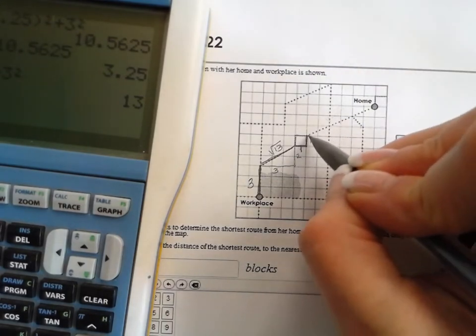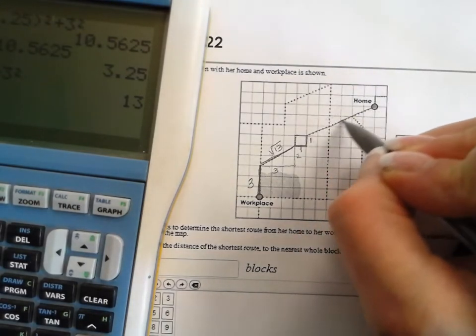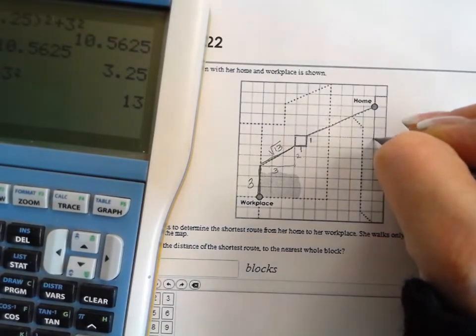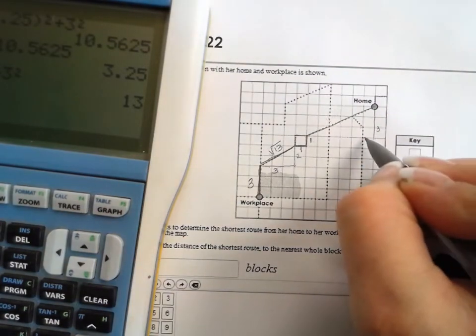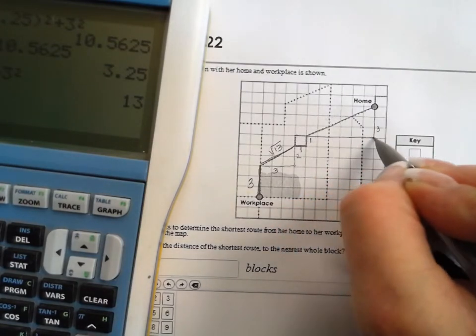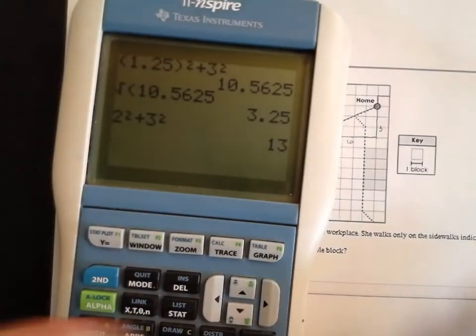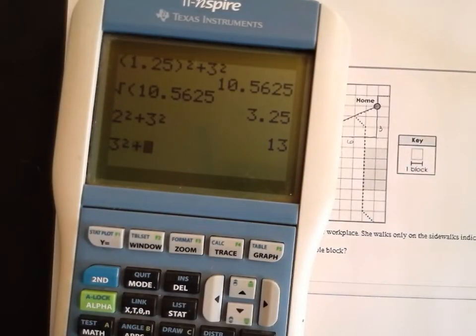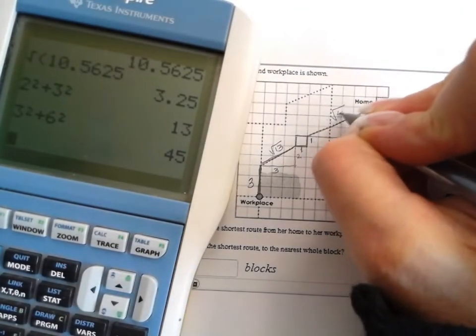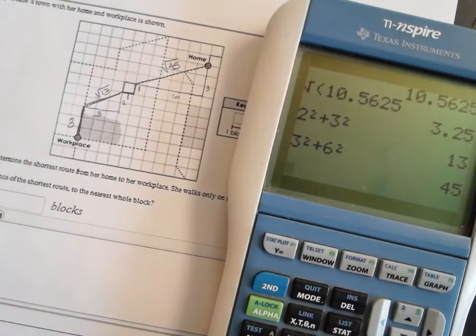And now for this, let's do Pythagorean again. So 1, 2, 3, and 1, 2, 3, 4, 5, 6. So 3 squared plus 6 squared is 45. Now I can just add them all up, right?